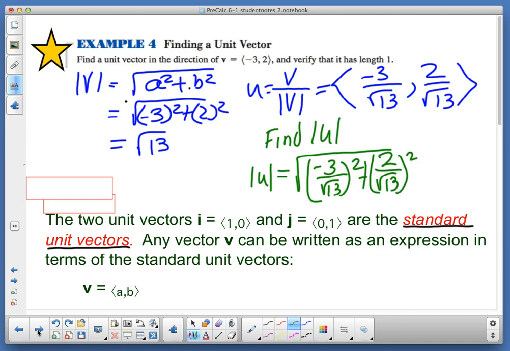What this is doing is verifying the fact that the unit vector I just found is actually the unit vector. The result of this should be 1, because remember, a unit vector has a magnitude of 1. So when I evaluate this, I get 9 over 13, plus 4 over 13, and that is 13 over 13 when I add, and it's 1, so the square root of 1 is just 1. So I've checked out. My unit vector, I found, is this.